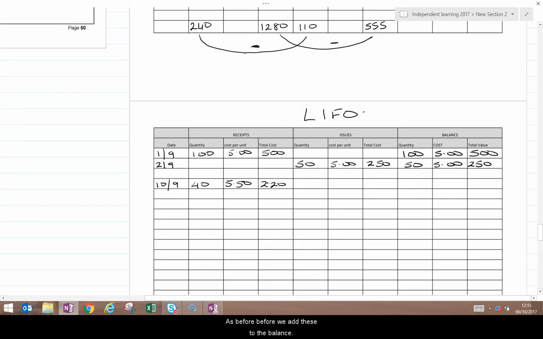Now as before we add these to the balance, let's write down what we already have in stock. Well, we have 50 units at £5. That's 250. We now have another 40 units at £5.50, which is 220. So we have 90 units, £470.